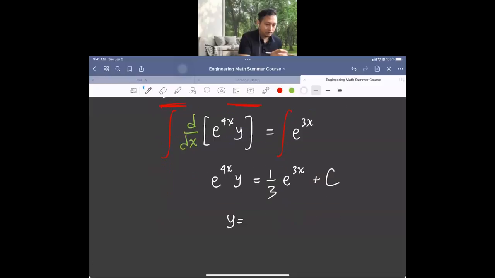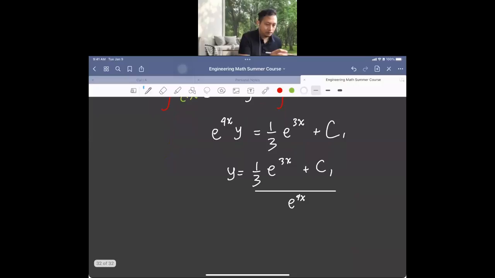Then y equals 1 over 3 e to the 3x plus c1, divided by e to the power of 4x, or y is 1 over 3 e to the minus x plus c1 e to the minus 4x.